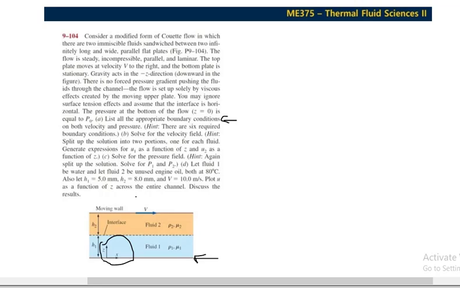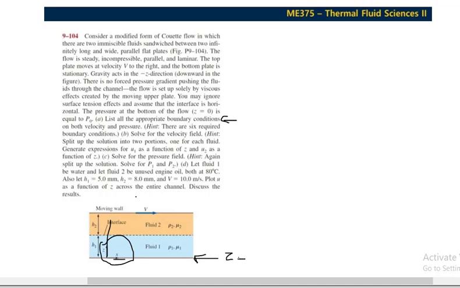Here it is given, in some problems it may not be given. As you can see, the velocity vector Vx is here, and the z direction is vertical. Now we are interested in finding out the velocity changing in the z direction. This is our z direction and this is our x.